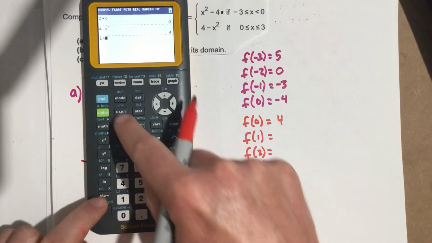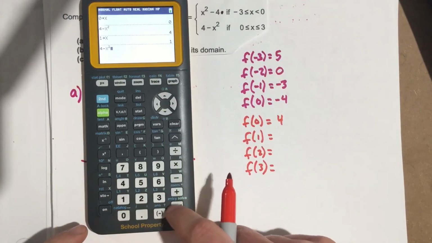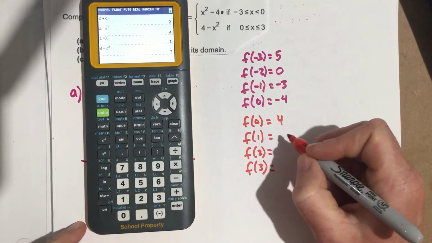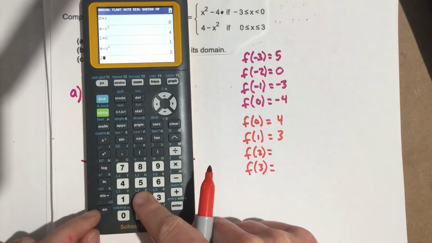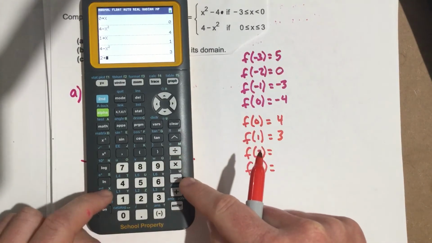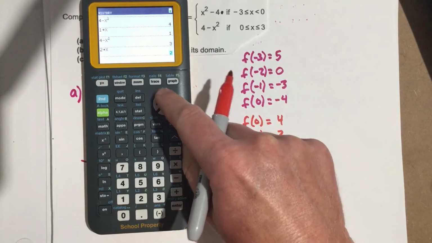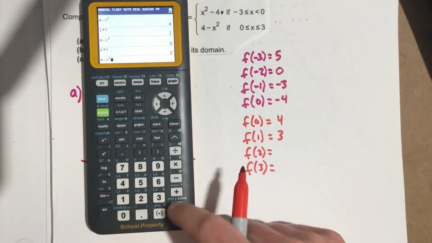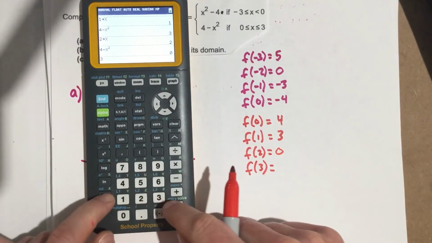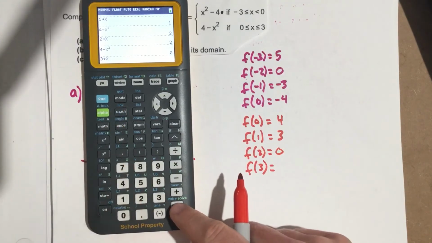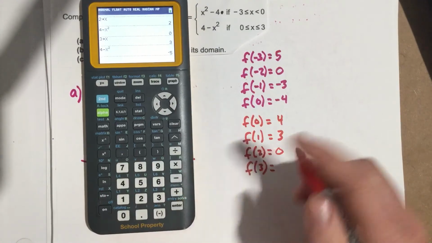Now 1 stored as x, grab that function. I get 3. Now do 2, so 2, store it as x, and let's go grab that, 0, and then finally 3, store it as x, -5.